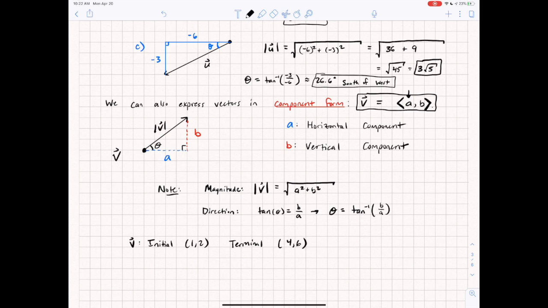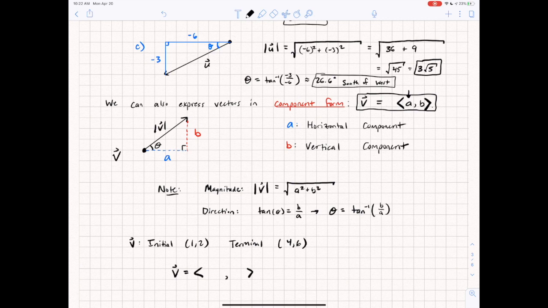If I want to express v in component form, I would need to know its horizontal and vertical components. So go back and look at example 1 and tell me what your horizontal component is. How far to the right are you moving from your initial point? And how far up are you moving for its vertical?